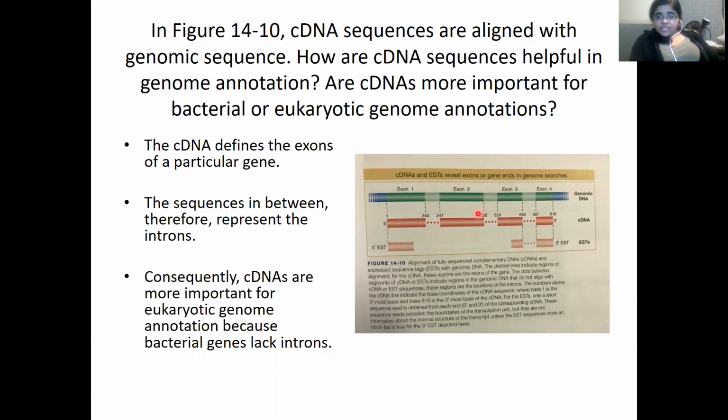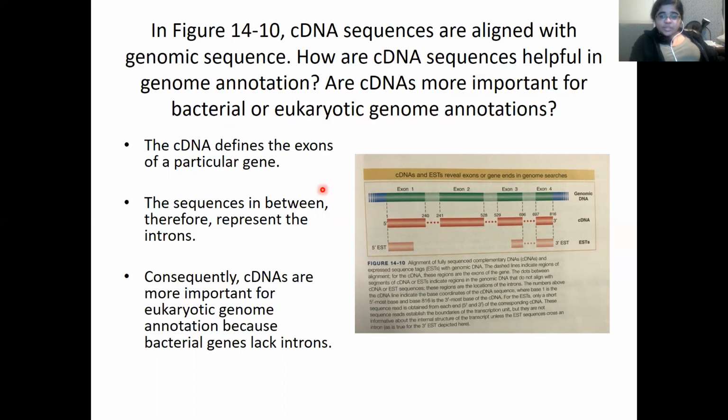In figure 14.10, that same figure we saw earlier, complementary DNA sequences are aligned with genomic sequences. How are cDNA sequences helpful in genome annotation? Are cDNAs more important for bacterial or eukaryotic genome annotations?